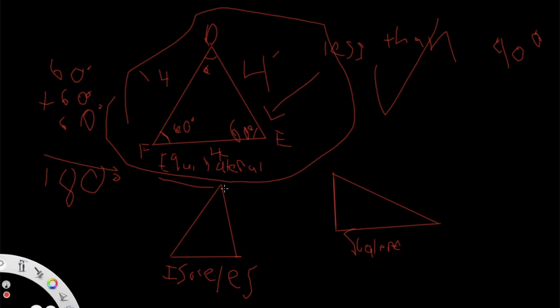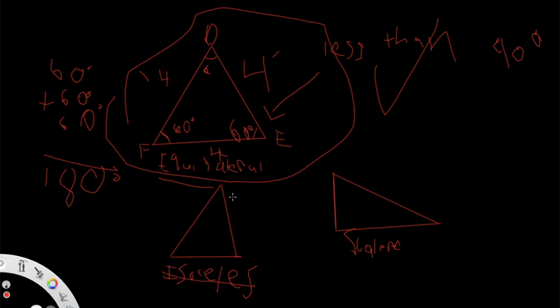And you might be thinking, well, they look the same. What's the difference? Well, an isosceles has to have two equal sides, and one is not. So let's just cut that. Okay.